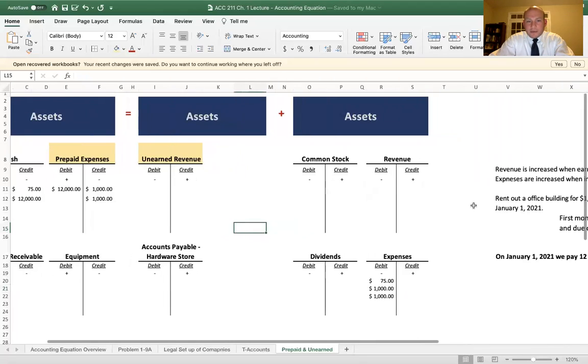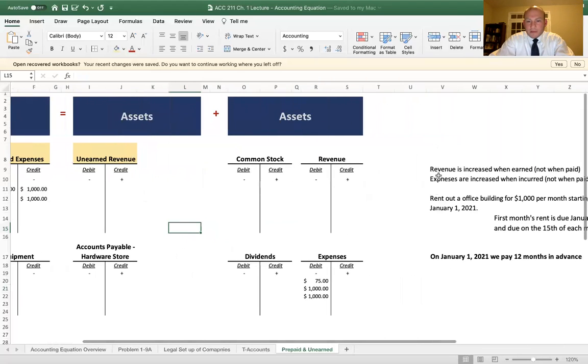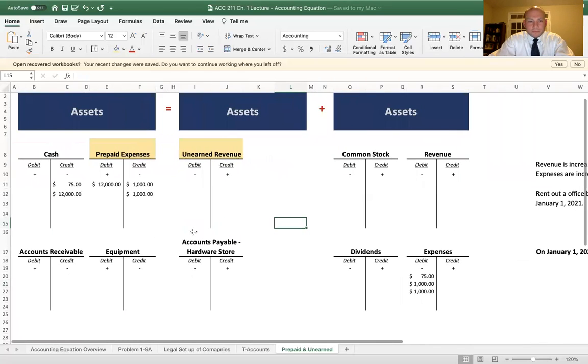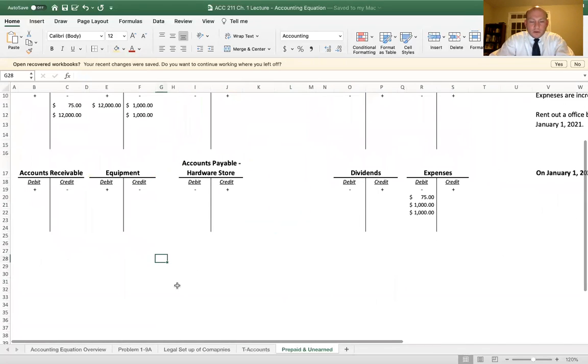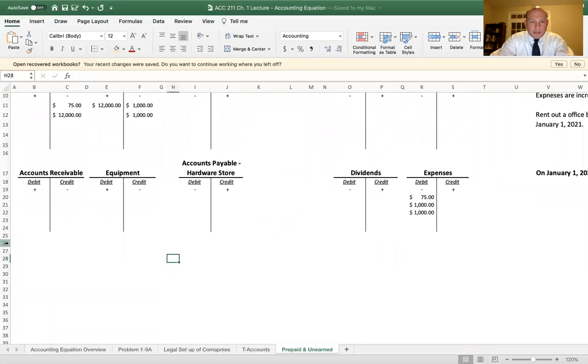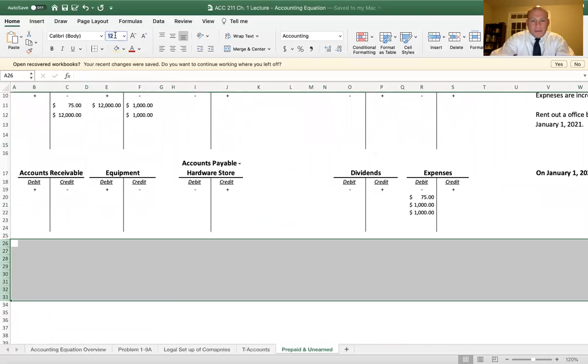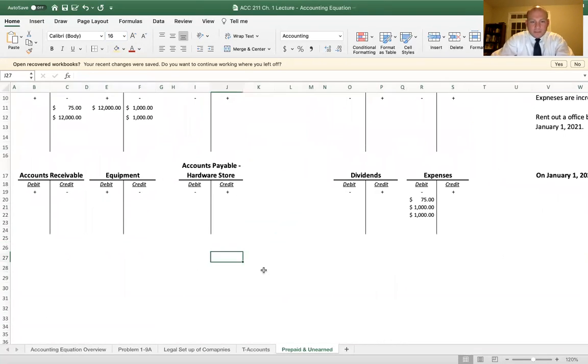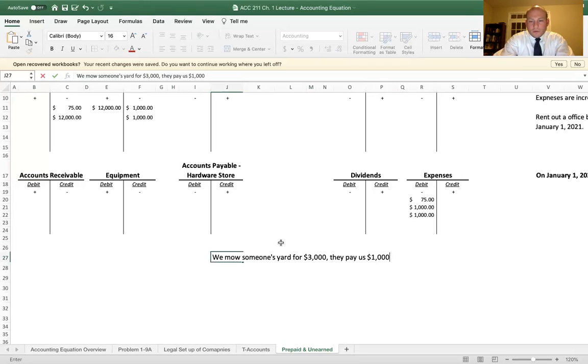Now let's say we have kind of the same thing going on with our revenue. Again, revenue is recognized when it's earned. Let's say we mow somebody's yard and we charge them $3,000 and they pay us $1,000.